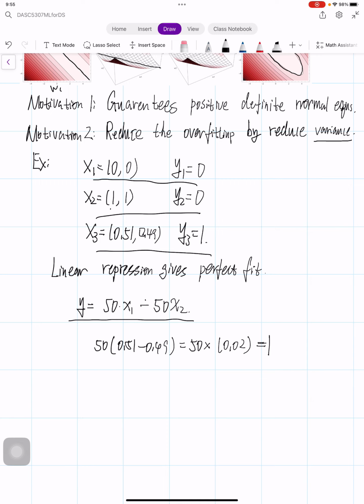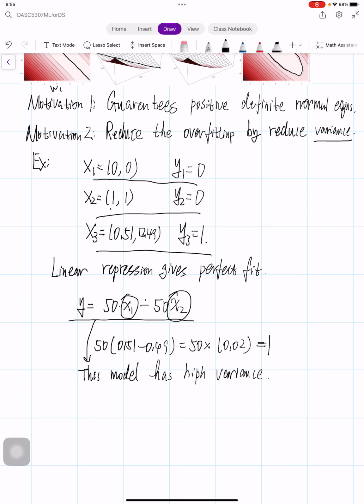So the linear regression fits these 3 data points perfectly. But the problem is this model has high variance, because if you give a little bit of perturbation on x1 or x2, it will change the result a lot.